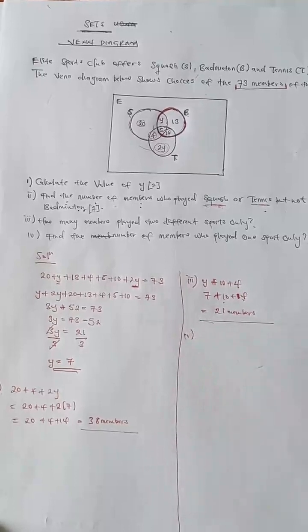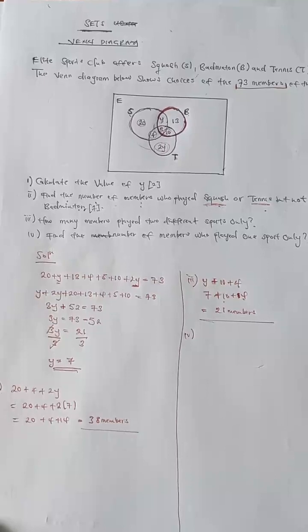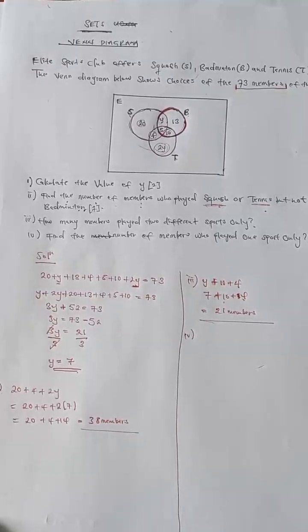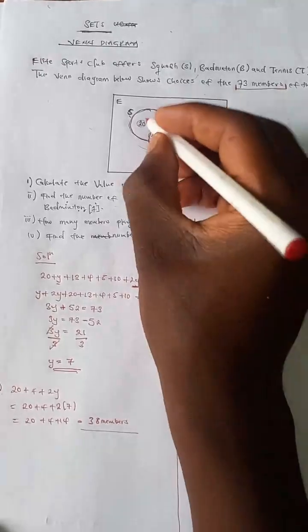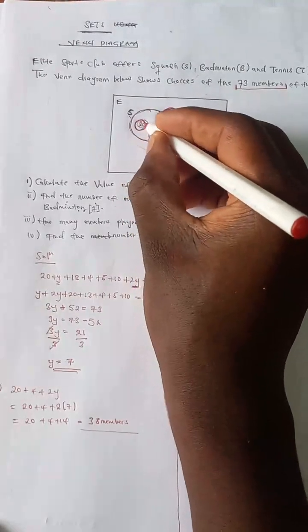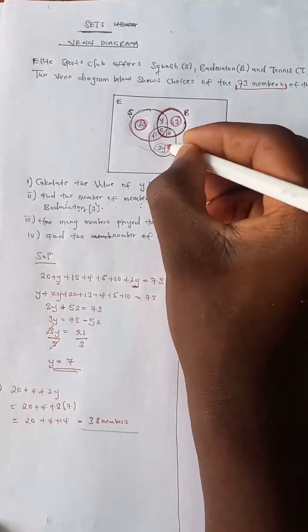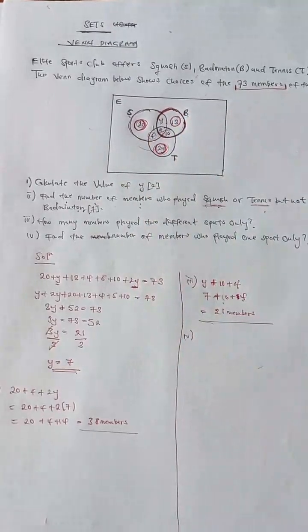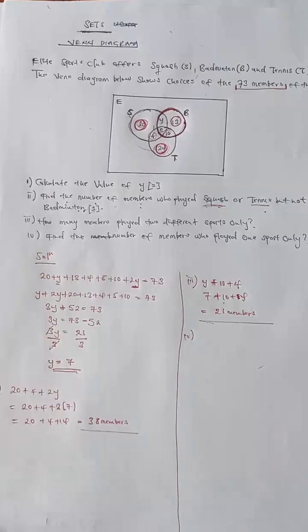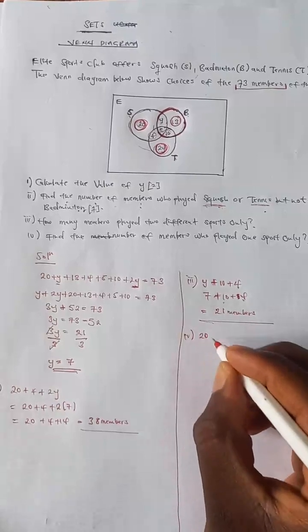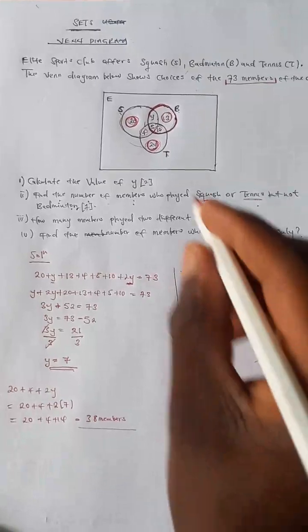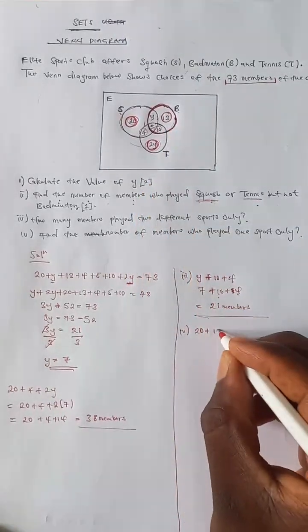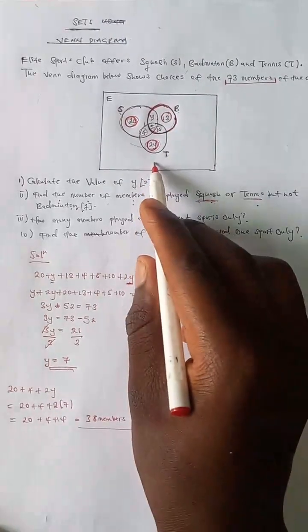Find the number of members who played one sport only. If they speak of members who played one sport only, they simply mean those which are alone and did not participate in anything else. So we're going to say 20, plus this 13, plus this 2y.